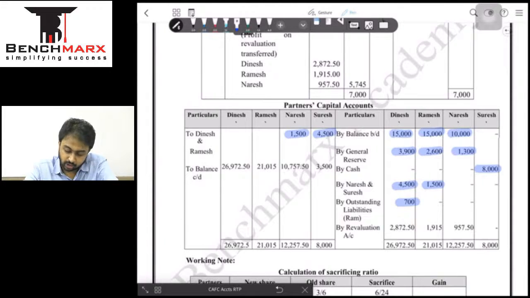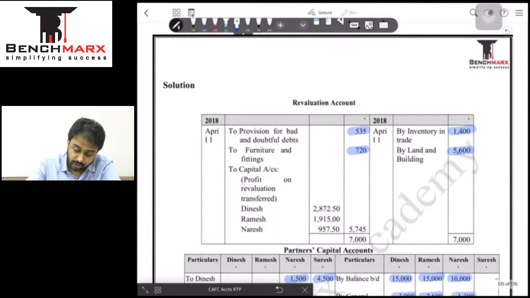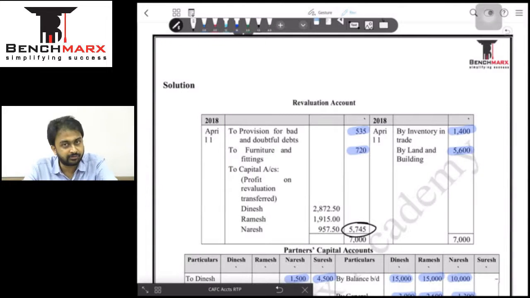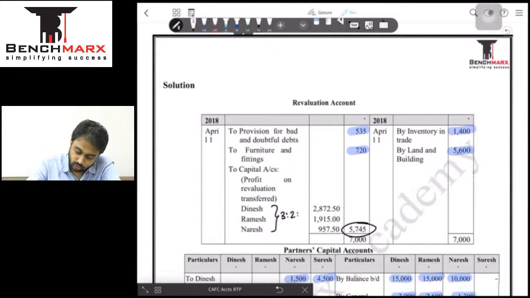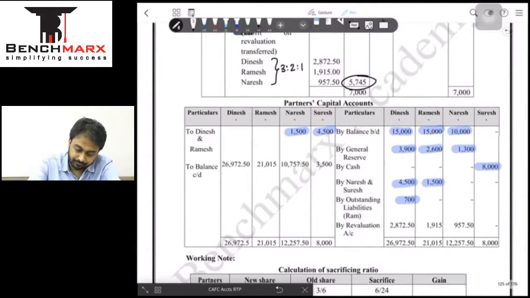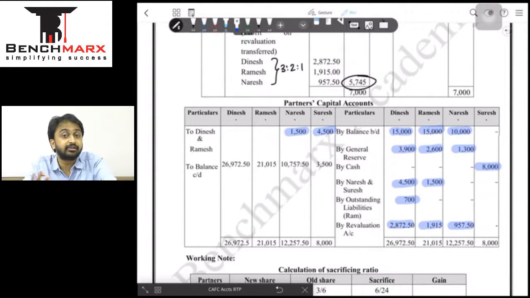So opening capitals are done, reserves are done, the incoming partner's cash is done, revaluation is left. So let us close revaluation. Revaluation gain appears to be 5,745, will go in the old PSR as 3:2:1. Corresponding credit in the partners capital 3:2:1. So we have done everything as far as partnership admission is concerned. Time has come to balance the partners capital.